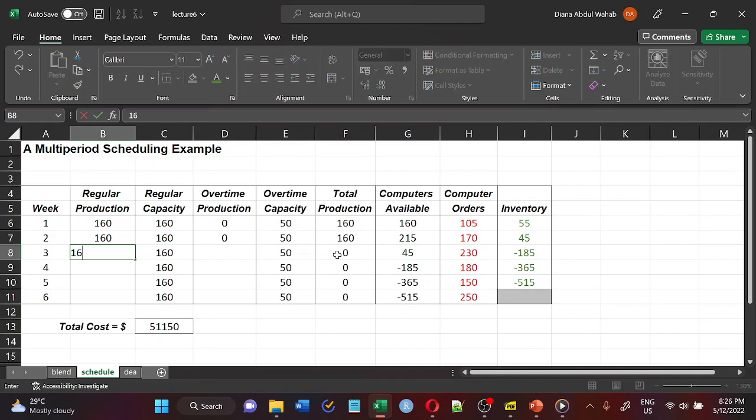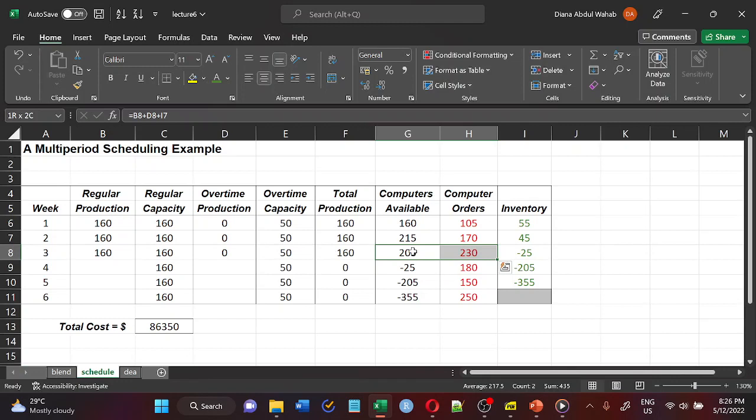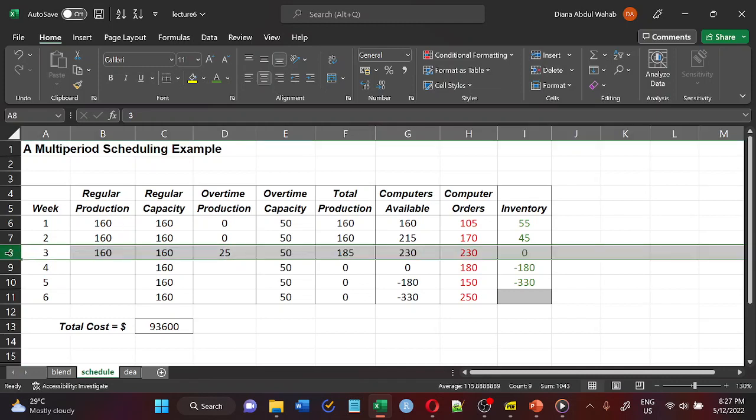And let's say you want to produce 160 and then zero overtime, but here there's a problem because the computers available is 205 while the demand is 230, so we need to meet the demand. So for this one, we need to have 25 more.